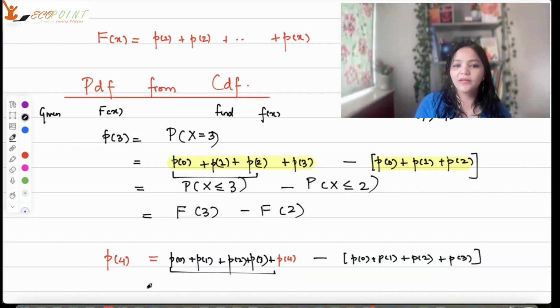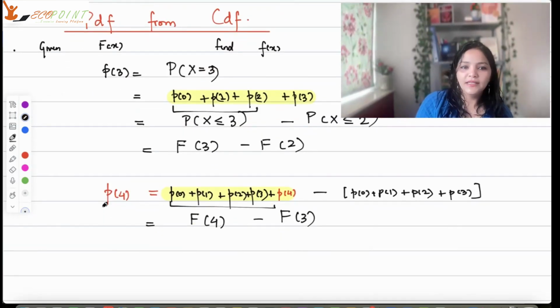In this process, the portion that you have created becomes the CDF for the value 4, that is capital F4, and this value becomes capital F3.